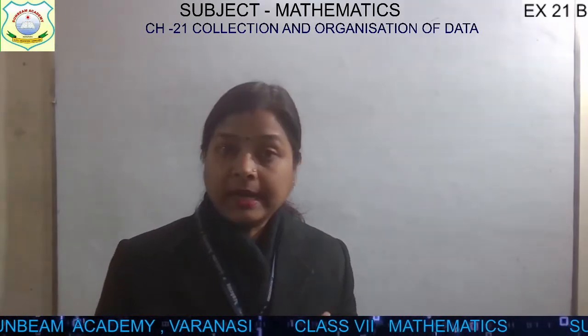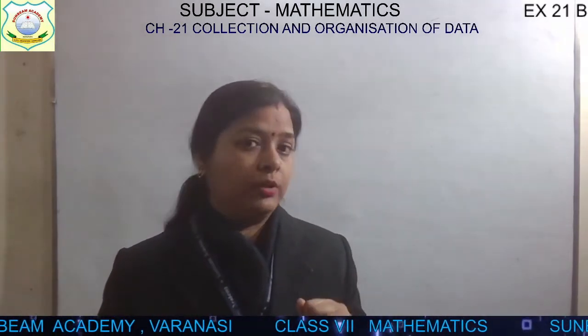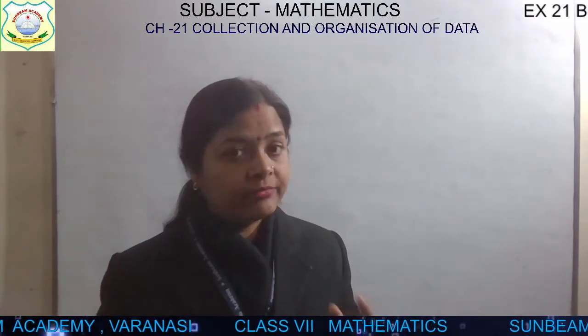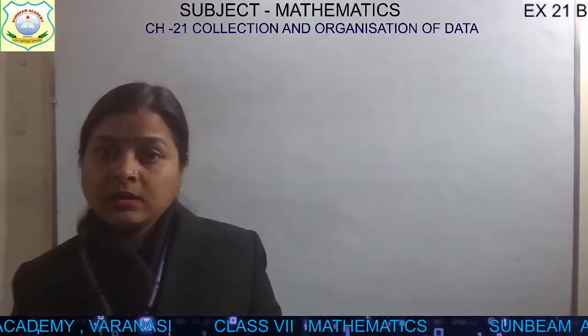Okay. Now, how to find the median of any data? For that, there are two formulas which you have to see carefully. The first one is: if the number of observations is odd, how will we solve? And if the number of observations, that is the given values, is even, how do we find the median from those given values?